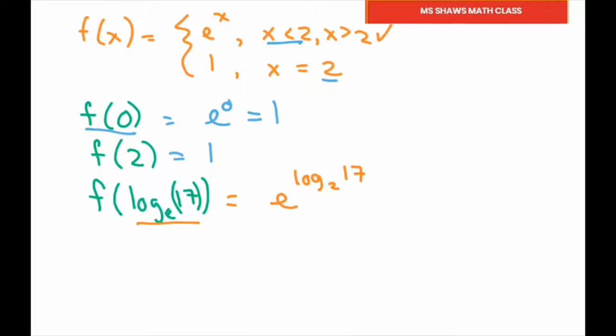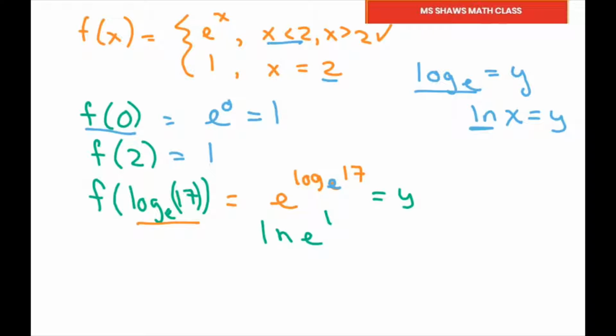If you set this to y, first of all, log base e is shorthand for ln, the natural log. So what we're going to do is take ln of both sides. We set this to y. Log base e of 17 equals ln of e.